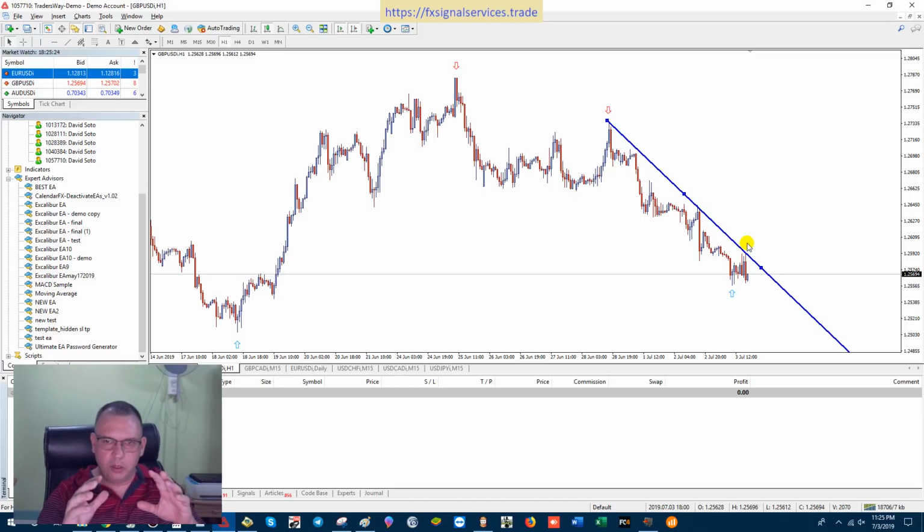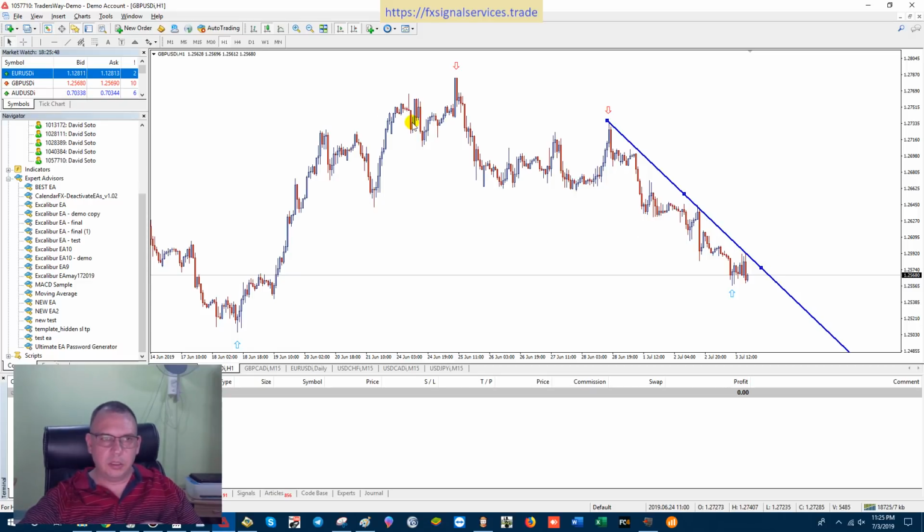For a true trend line, you need 1, 2, 3 points to connect to have a perfect trend line. Right here we have a very good trend line. The only thing is we need to wait until the price shoots up at least 100 points or so outside of this trend line before we actually buy.